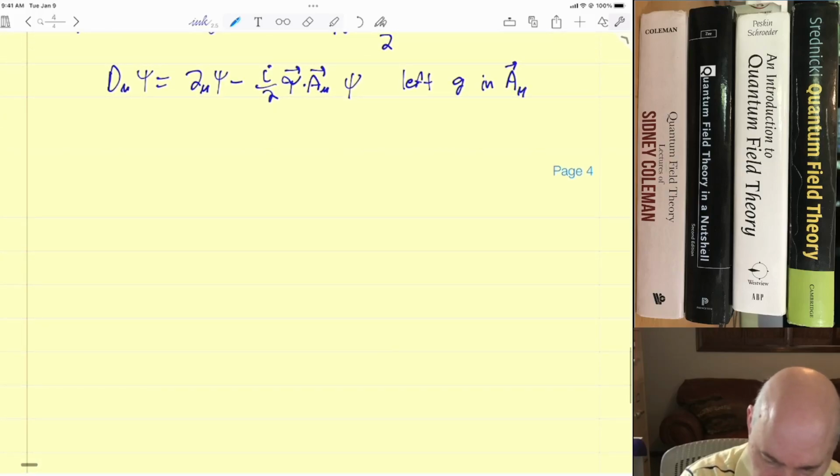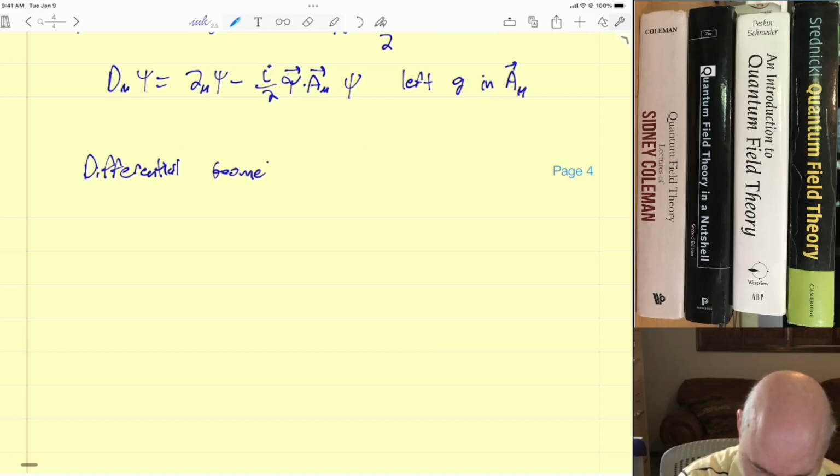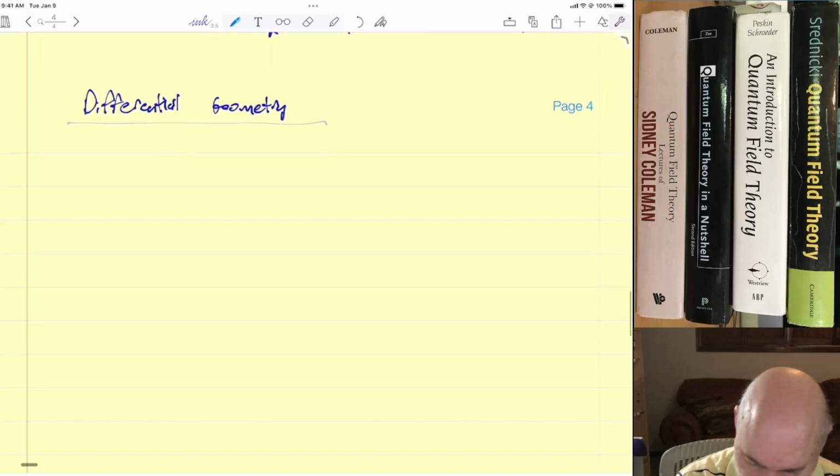Now, the analogy with differential geometry. In differential geometry we have D_nu of a vector field, this is the covariant derivative. Indices up and down matter here.